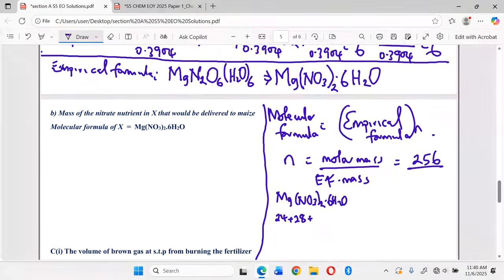Now there are how many atoms of oxygen? 6 times 16, that becomes 96, plus 6 times water, we have seen is 18. What is 18 times 6? That is 108, which is equal to 256. So here we divide by 256 and the answer becomes 1. So N is equal to 1.